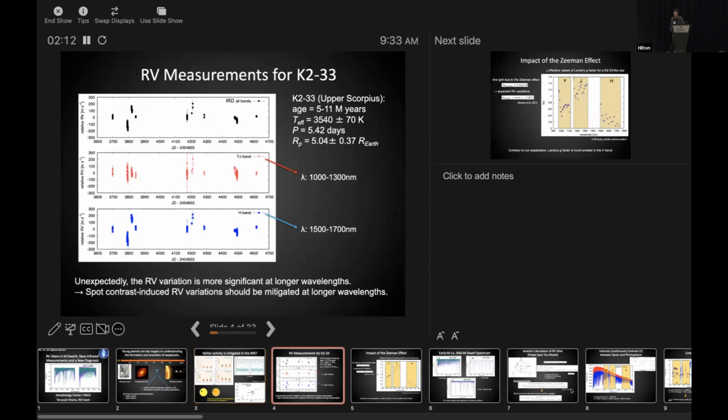So stellar activity is actually mitigated in terms of the spot contrast. We therefore expected that RV jitter should also be mitigated in the near infrared.